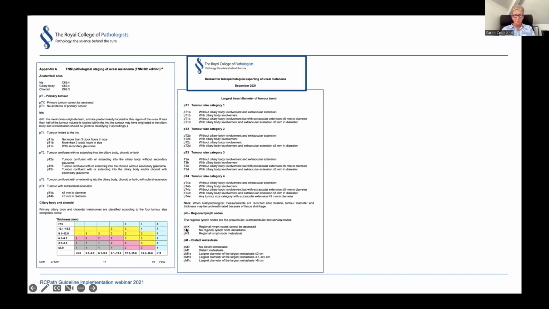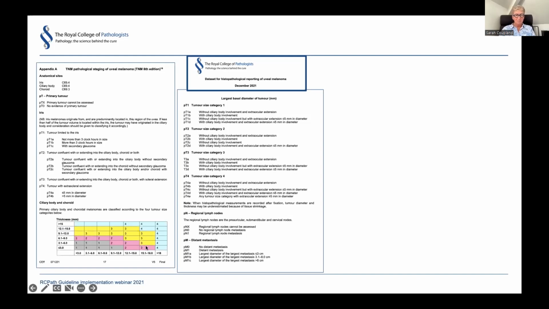The N in the TNM staging system is perhaps not as relevant in uveal melanomas because virtually all uveal melanomas metastasize hematogenously, and the M refers typically to the metastases in the liver.